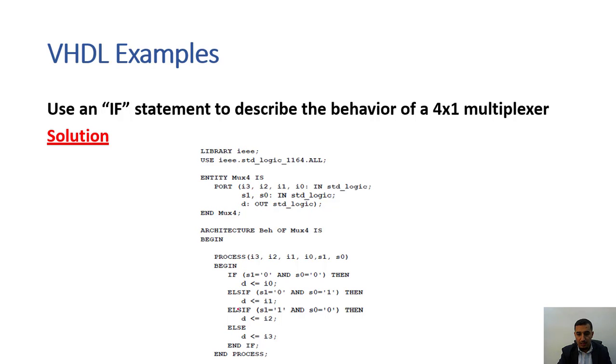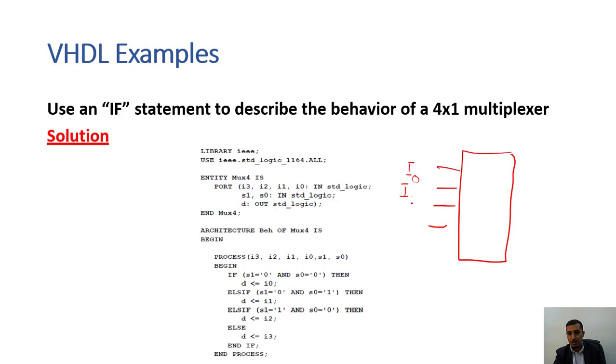So for a 4x1 multiplexer, it's quite simple. We discussed this earlier. We have 4 inputs, I0, I1, I2, and I3.